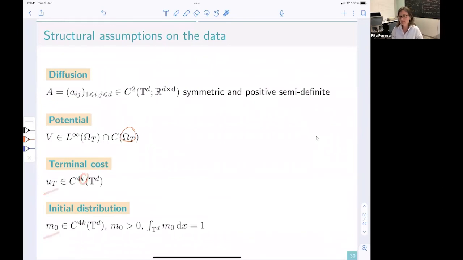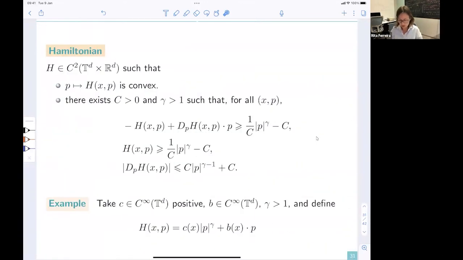This K appears again for the initial data, for the terminal cost and the initial distribution, and in particular the initial distribution we assume is strictly positive and a probability density. On the Hamiltonian, we assume that it is of class C2. Again, I said this before, it's convex in P, where the U appears, and we have these two bounds from below, and also this bound from above. These are typical growth assumptions on the Hamiltonian, on top of being convex in the variable P.